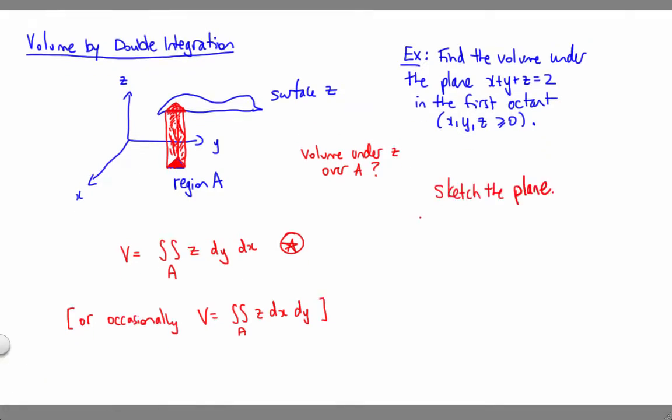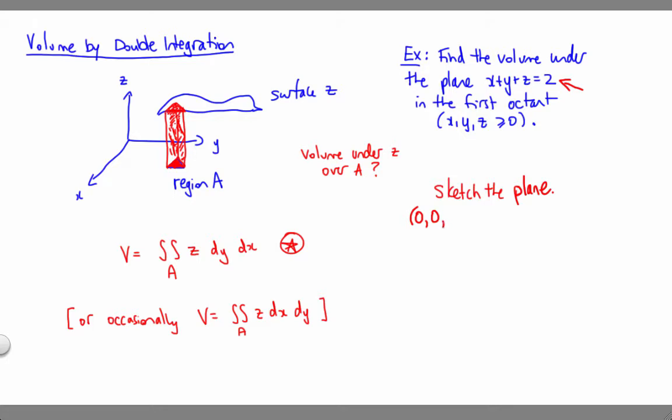Let's see if we can identify a few points that lie on the plane. Quick way to get some points. I'm going to plug in values for 2 of the 3 variables, and we're going to get the value for the third variable from looking at our equation here. Remember that the governing equation is that x plus y plus z have to add up to 2.